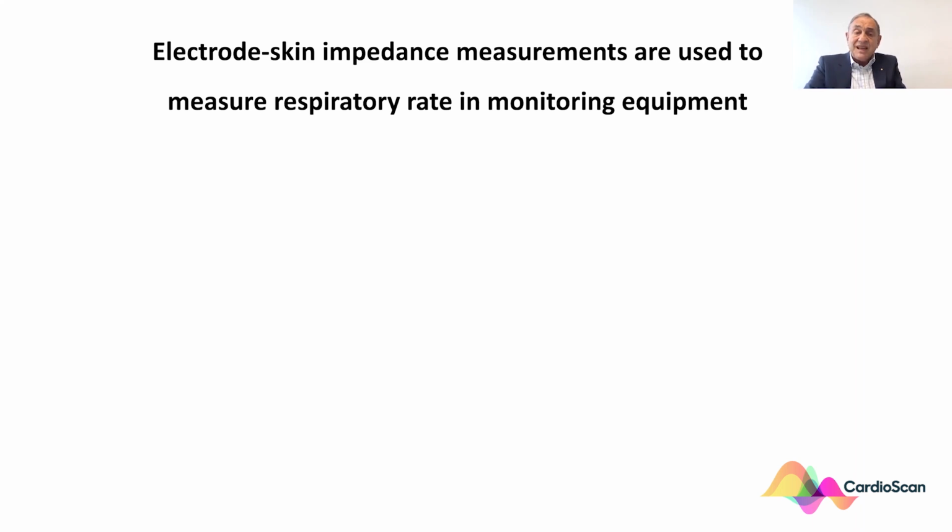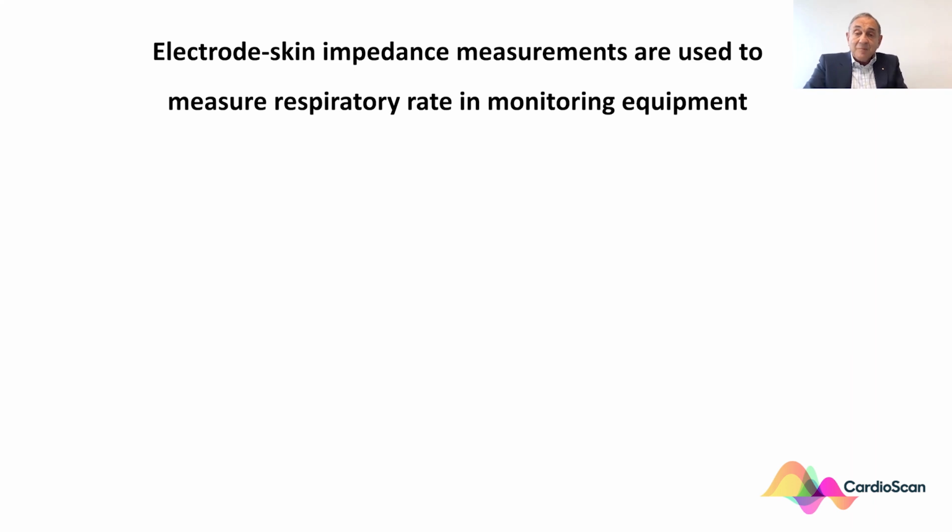This is done through the electrodes, with a very small current passed through them, and then the transthoracic impedance, or whatever we want to call it, measurements are used to measure respiratory rate. If one of the electrodes falls off, then the impedance goes to infinity and an alarm goes off in the monitoring equipment.